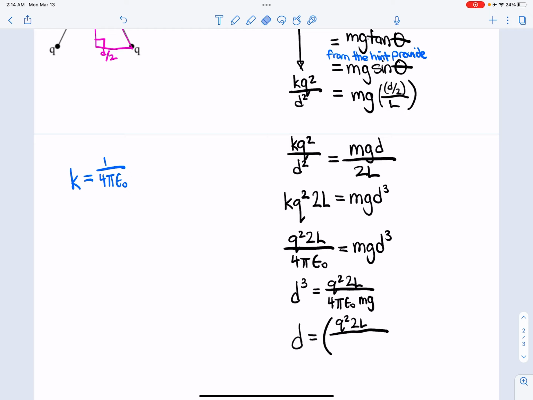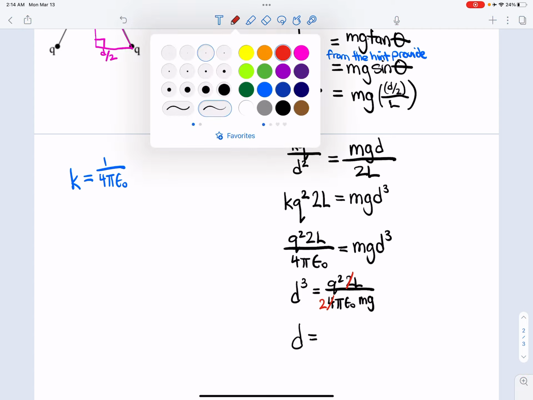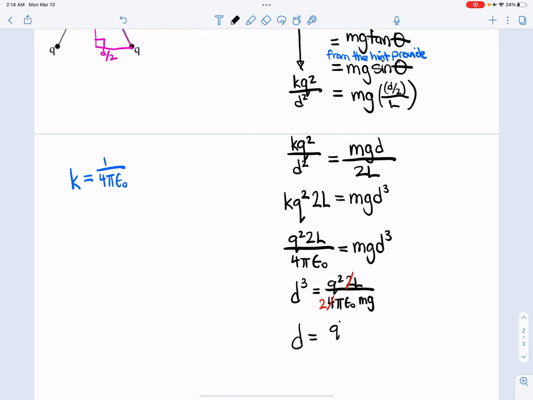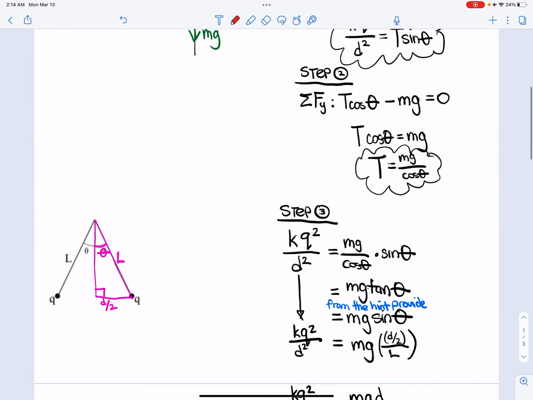Before I go further, I can cancel out this 2 and this 4, so this becomes 2. So my d would be q squared L divided by 2 pi epsilon naught times mg, to the power of 1/3. And so that is our final answer for problem number 4. Not too bad.